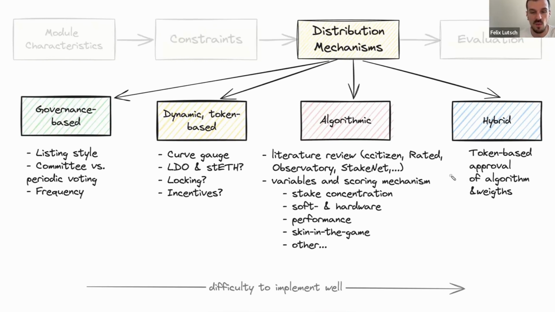One of the issues, and that goes into the evaluation part, is that obviously the easiest path is the governance-based one. It has little overhead, it can implement fuzzy factors that maybe aren't going to be caught by data that needs to be on chain, and maybe it's less over-indexed on performance than a token-based system might be.